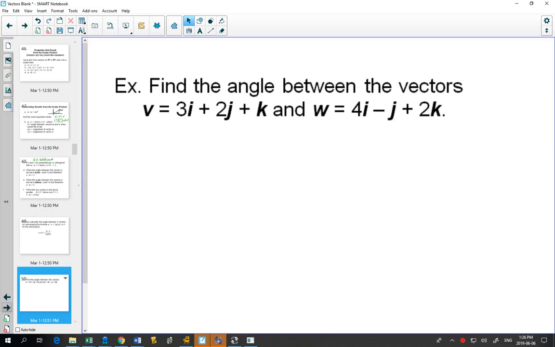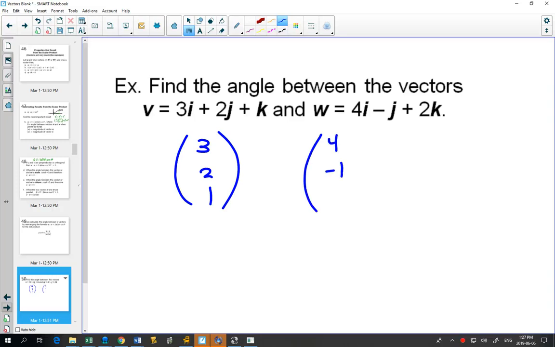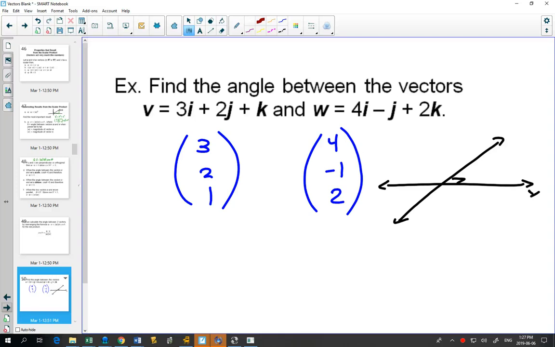So we have one vector, 3, 2, 1, and another vector, 4, negative 1, 2. Try to imagine this in 3 dimensions. All right, here's my x-axis, y-axis, and z-axis.